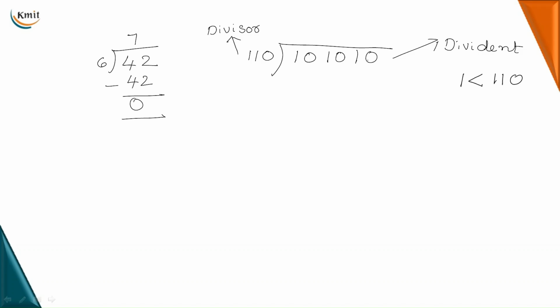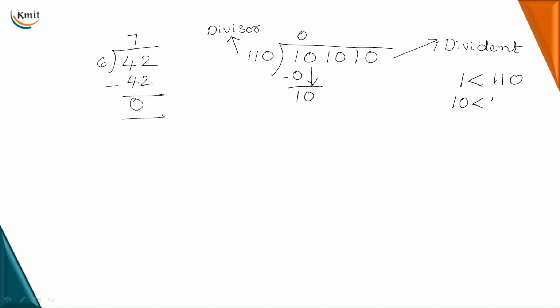When the dividend is less than the divisor, you multiply it 0 times. So 110 into 0 becomes 0. So 1 minus 0 is 1. This 0 will come here. It becomes 10.